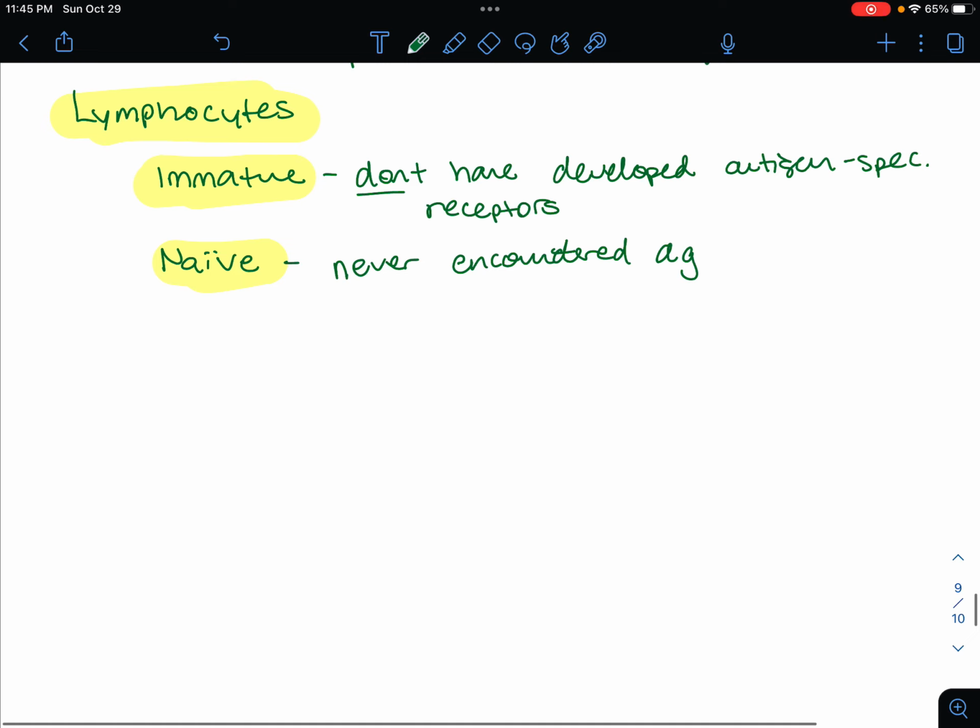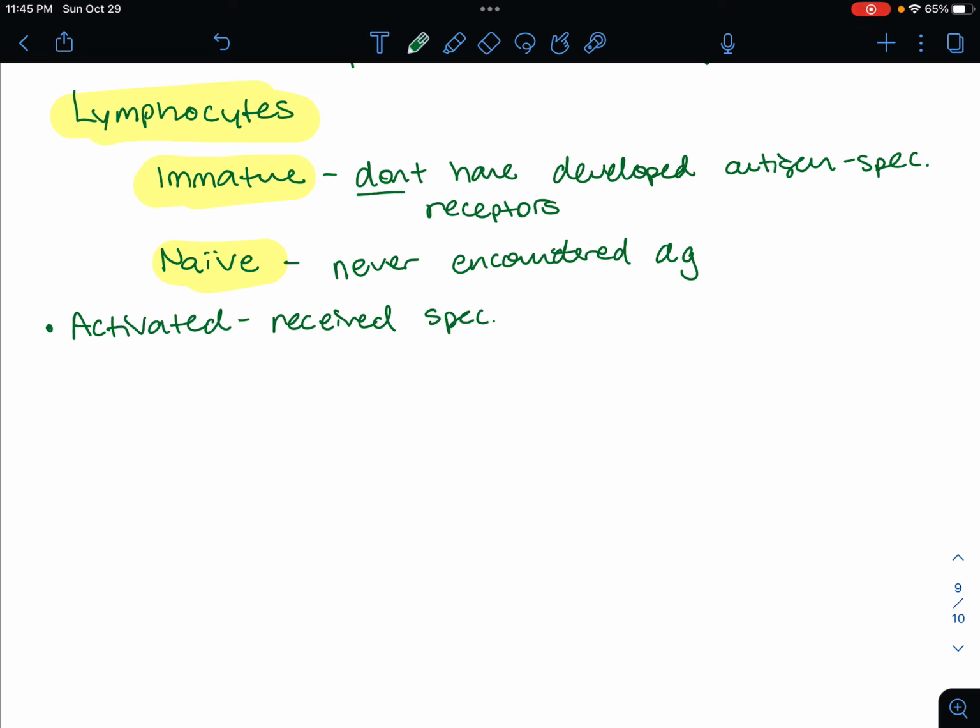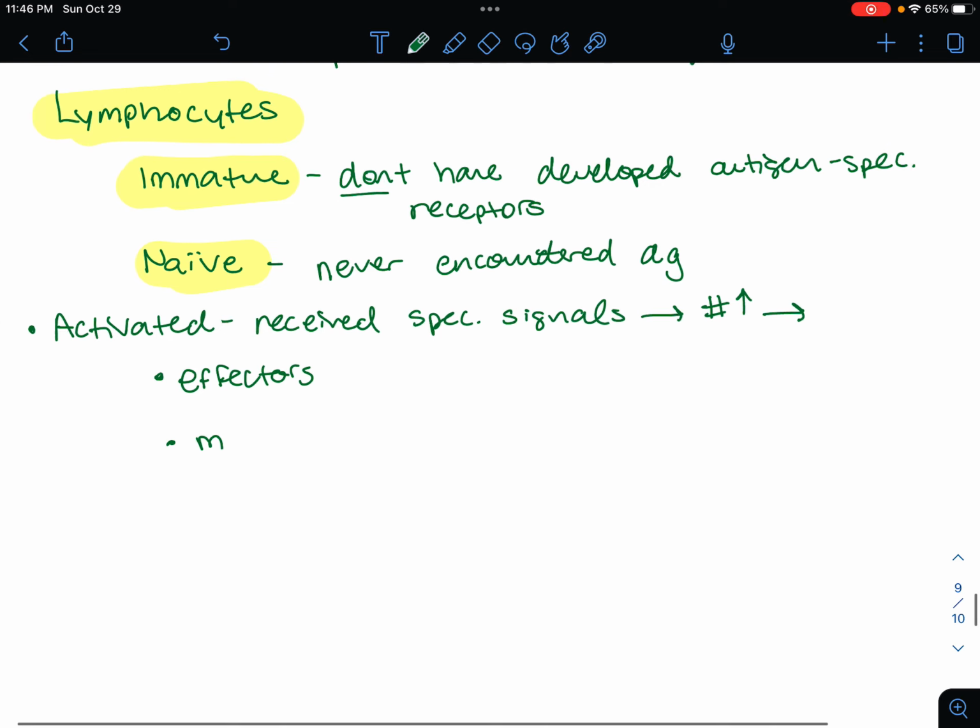When we get to our activated lymphocytes, when we say activated, this means it has received the specific signals. When that happens, we get proliferation, so numbers will increase. And when the numbers increase, they'll make effectors as well as memory lymphocytes.